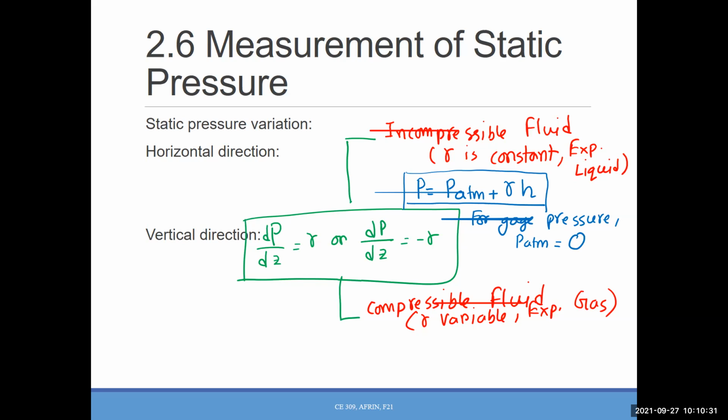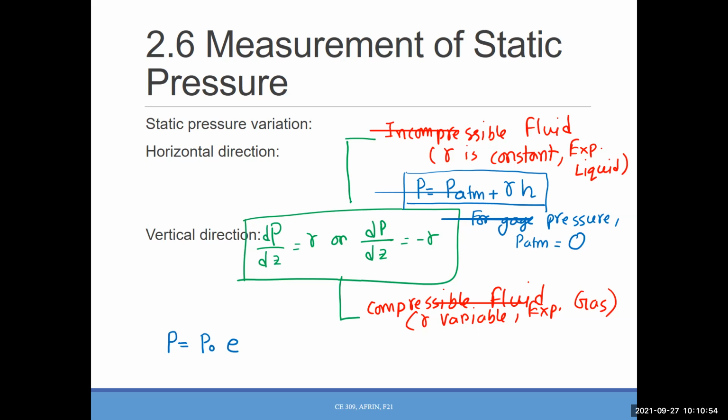Now for the compressible fluid, this equation is a little bit complex, so make sure you write down the proper unit. So it's P equals P naught e to the power something. That's because we are dealing with gas, so pressure and temperature are very important, right?